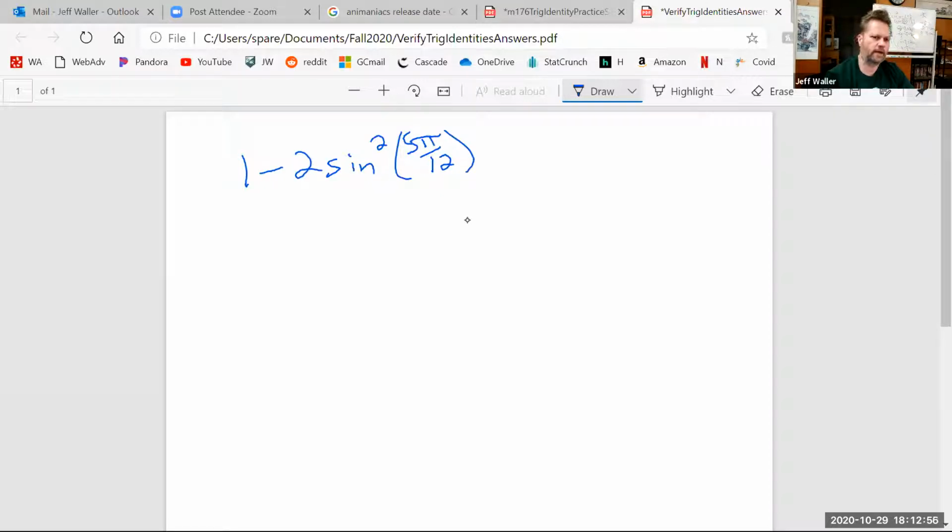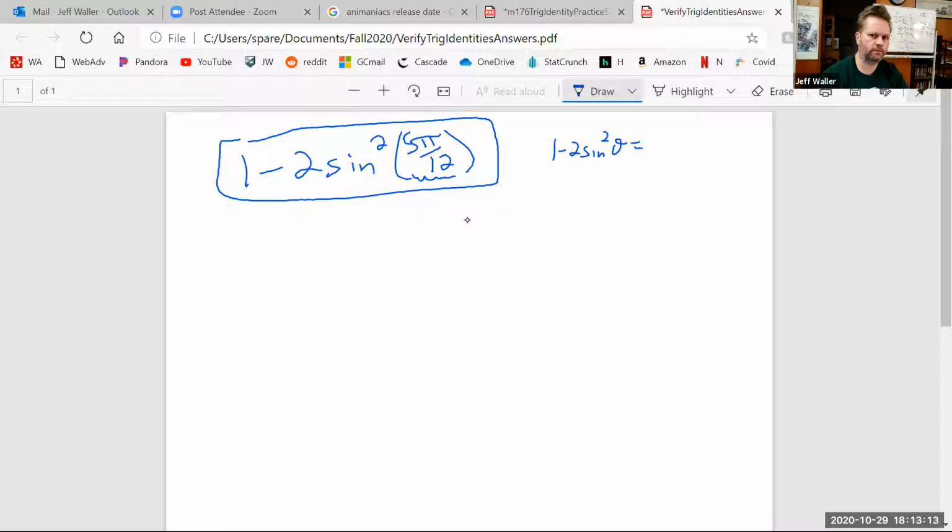The fact that this is over 12 should tell you it's related to some kind of double angle formula, right? And of course, we just talked about what this form is related to. What is 1 minus twice sine squared of an angle equal to? Cosine 2 theta. I love it. So I can rewrite this whole thing. I made that too easy, didn't I?